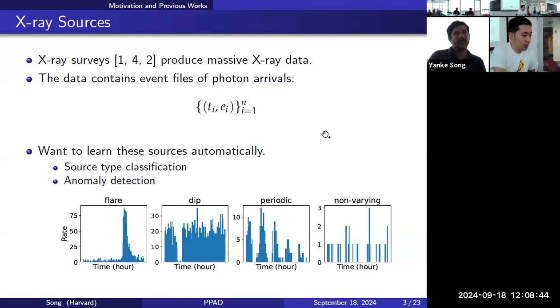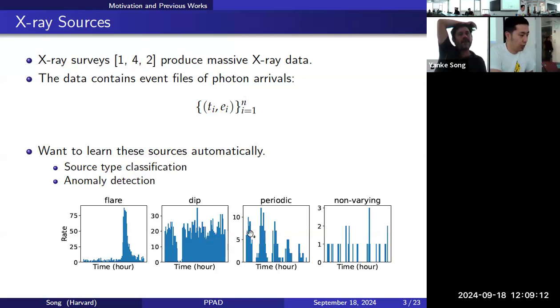And also, this one is a less interesting event where basically the underlying rate is non-varying. I should mention that it is pretty common in the astronomy community to assume that these photon arrivals come from a Poisson process, where there's an underlying true Poisson rate, which we call the light curve.